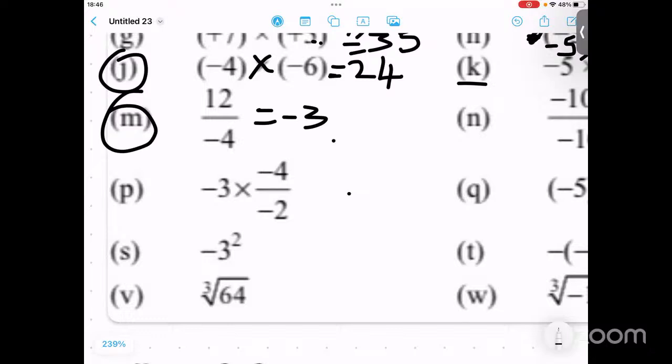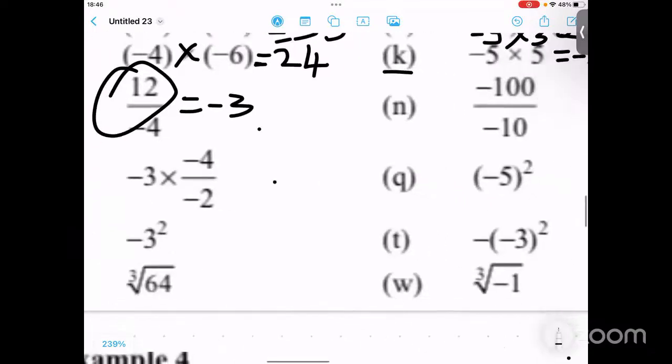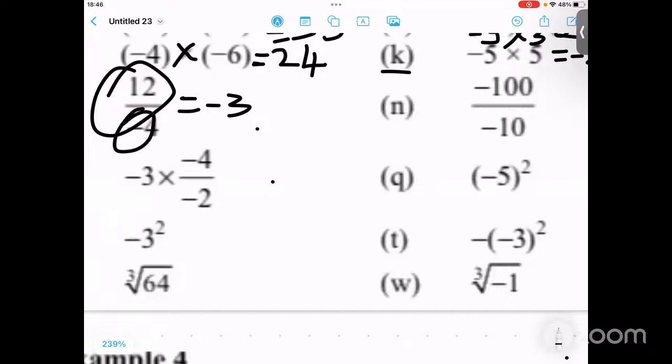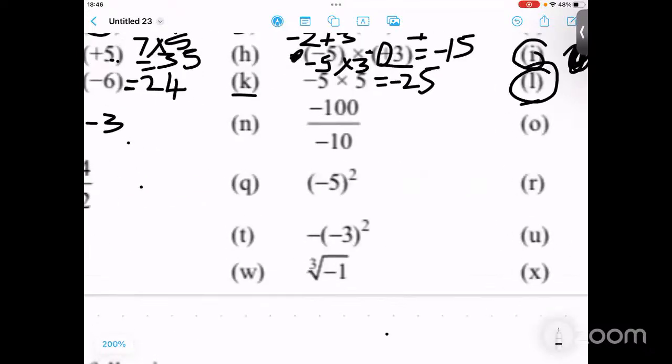And then 12 divided by 4 is -3. Yes, okay. So because we are having a negative here, the negative will be for the whole thing. So it's 12 divided by that, and we're going to have -3 as you've indicated, because 4 goes into 12 3 times. So it's going to have a minus because of the negative that you see next to the 4.